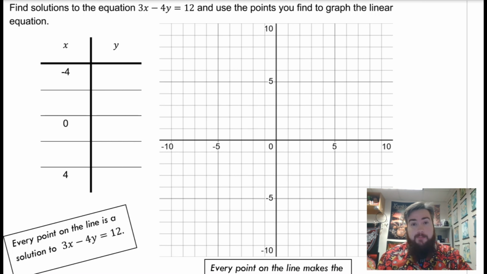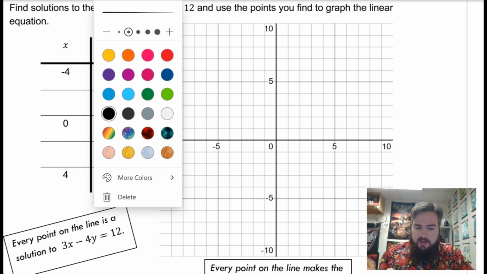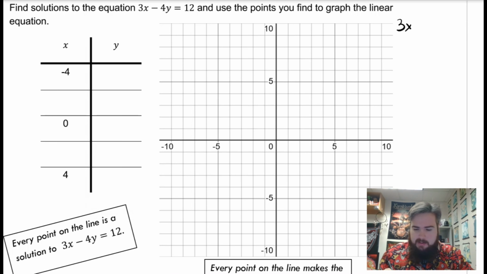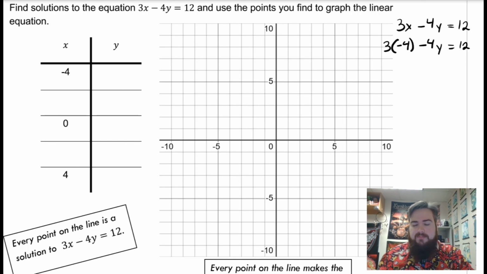So, for example, with -4, I'm going to take that equation of 3x minus 4y equals 12, and I'm going to plug in -4 in place of x. So that would be 3 times -4 minus 4y equals 12. 3 times -4 will give me -12 overall.